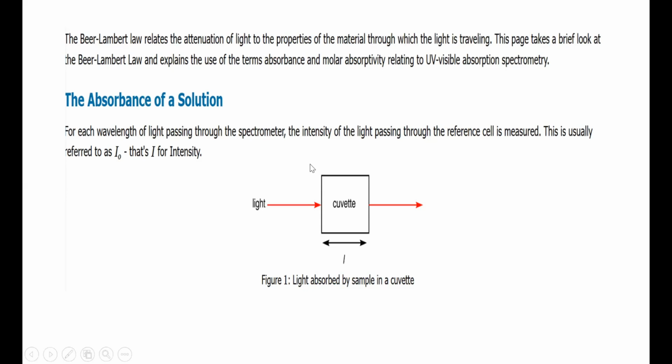When we are talking about Beer-Lambert's law, for each wavelength of light which is passing through the spectrophotometer, the intensity of the light passing through the reference cell is measured. Now, reference cell is of course required, and in colorimeter, do you remember, you have a sample kept in a cuvette and you take the reading, but before that you put blank and take the reading, then adjust the zero, and then you put the sample.